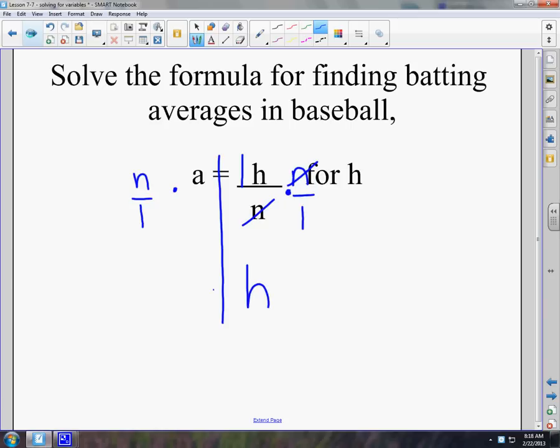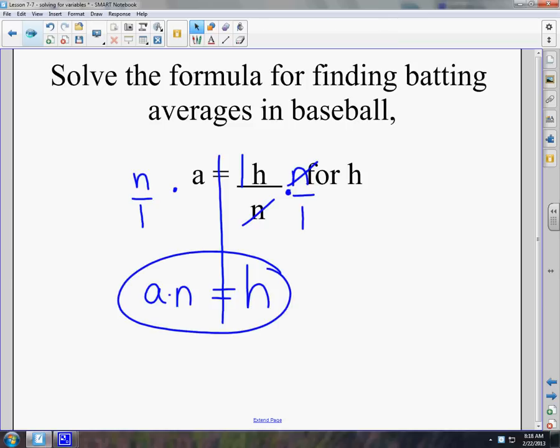I'm left with my H, which is what I wanted, and then it would be N times A, or A times N, equals hits. The average, which would be like 30%, which is really good, times the number of times they got up to bat, which would be like 100. So if they did 30% times 100 bats, that means he would have 30 hits.